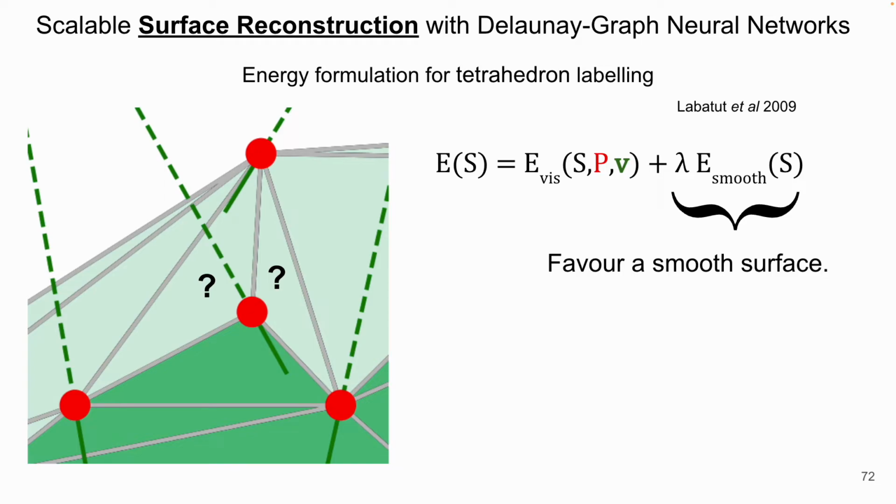So for conflicting areas or for tetrahedra without any visibility information, labels are propagated based on a prior that favors smooth surfaces. Now, this method is very popular and it leads to impressive visual results for large-scale point clouds, but it does not always make the best decision locally.